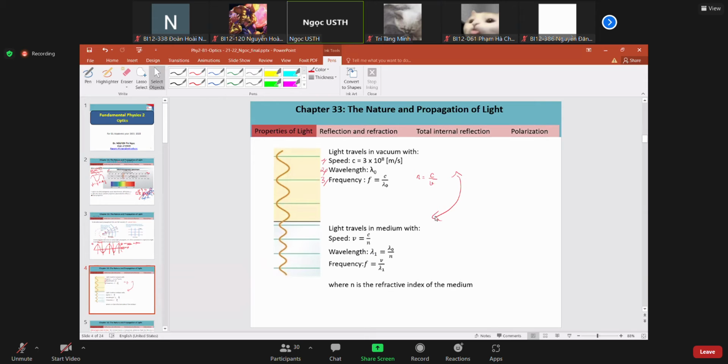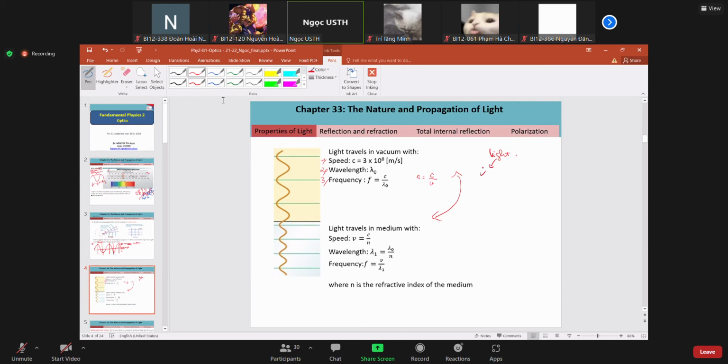Here we will see what happens to the properties of the light when it transfers from one medium to another medium. In this case, I have two media. This one is vacuum, and the second one is another medium like water or something else. Keep in mind that for light, we have three basic, very important properties.